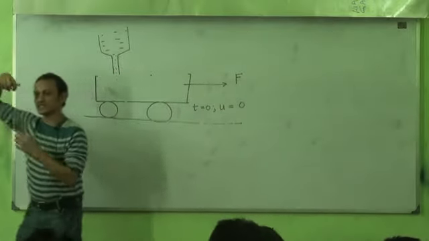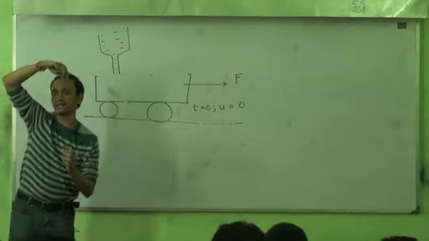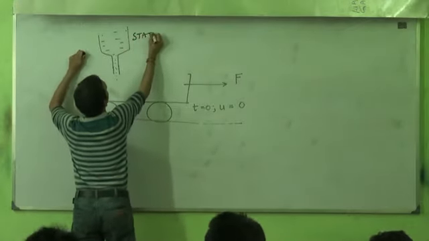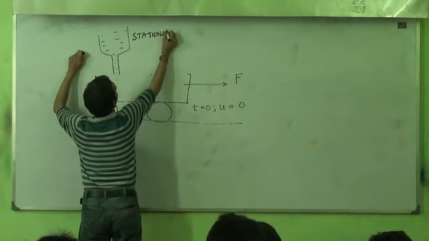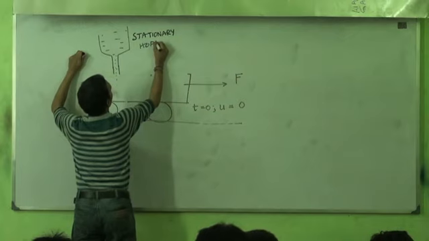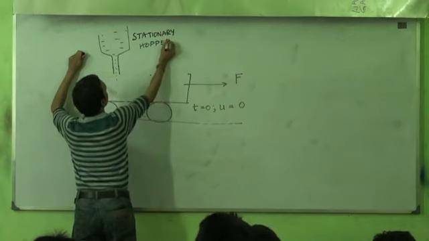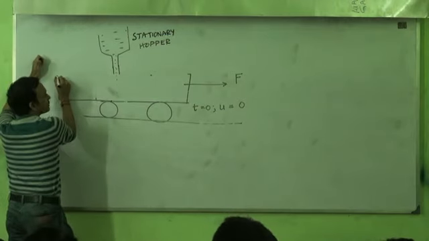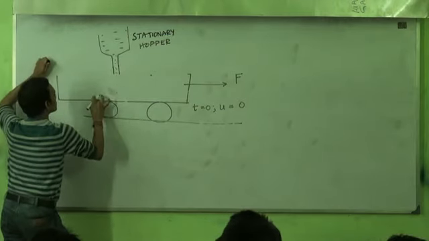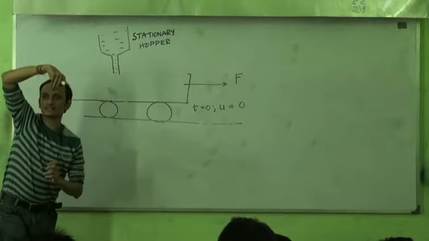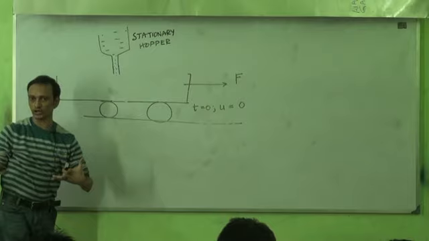There is a hopper, let's say, containing sand, a stationary hopper. I mean, you could make this large enough, otherwise someone will say it will go out of view. Stationary hopper releasing sand vertically onto this trolley.